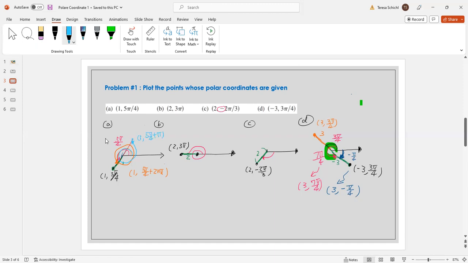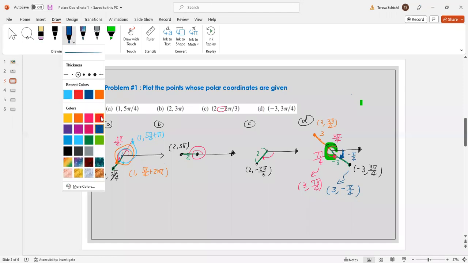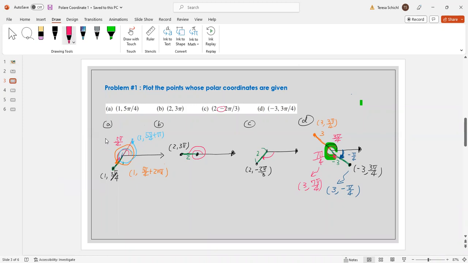I know from example number 4, I can add a negative sign in front of the 1. If I add a negative sign, then boom, it bumps back to here. So it will be (negative 1, 5 pi over 4 plus pi). Now I can do this many, many times.